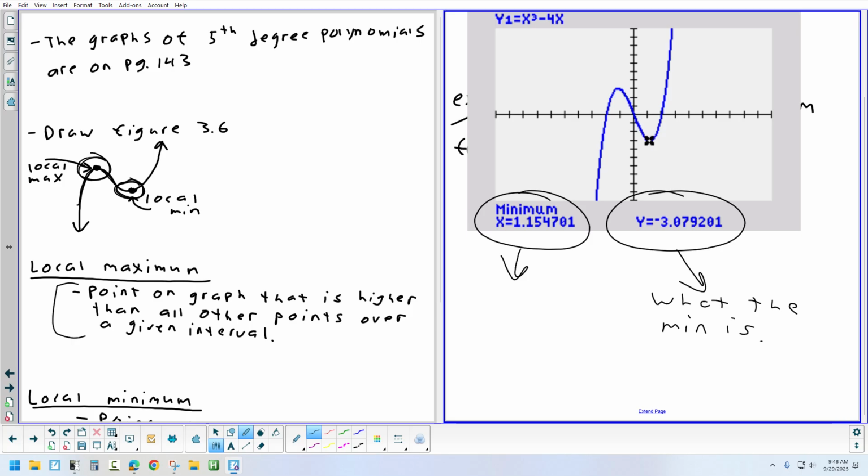You would say that would occur when you plug in 1.15 for x. So the x is where it happens. The y is what the minimum actually is. Any question on the difference between the two? It's the same for maximum. Where the max happens and what the maximum is.